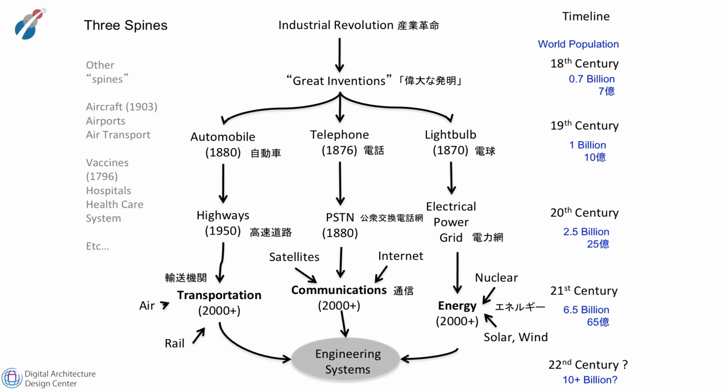And I'm just showing you transportation, communication, and energy, but there are other spines as well in our society. For example, air transport. We'll talk tomorrow a bit in more detail. And then very important currently with the COVID crisis is the healthcare system. So vaccines were first invented in 1796. Imagine that.